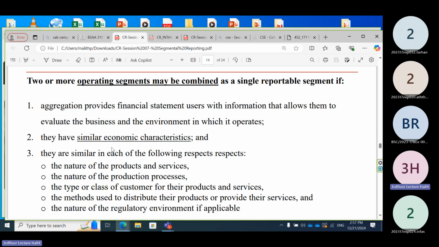Otherwise, all the things will be accumulated, and finally you can see a profit. But there are hidden loss-making segments. You have to identify those, and you have to take decisions over there. That's the core area where you have to take decisions. That's why we need to have segmental information.